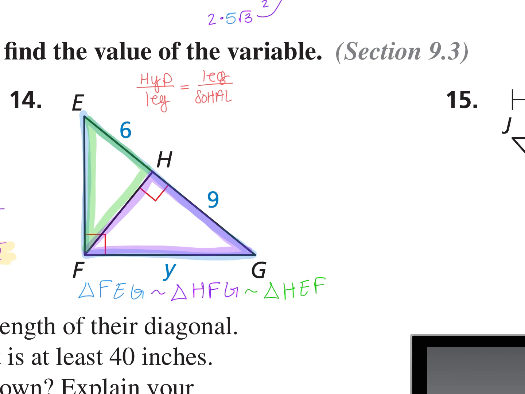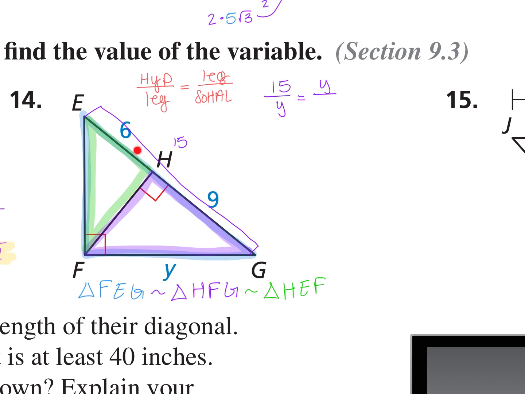We should know what our hypotenuse is because we're adding 6 and 9. That's 15. So my hypotenuse is 15 over my leg, which I don't know, equals my leg over the segment of the hypotenuse.